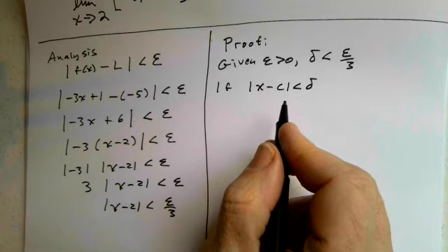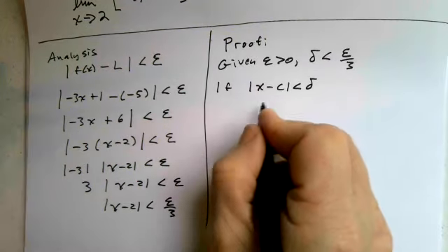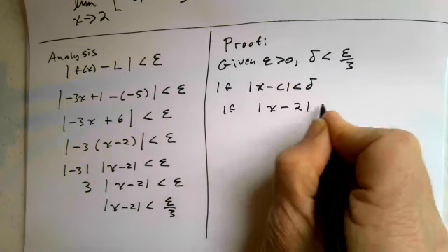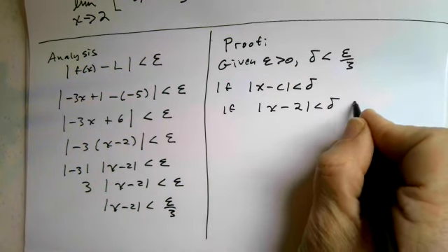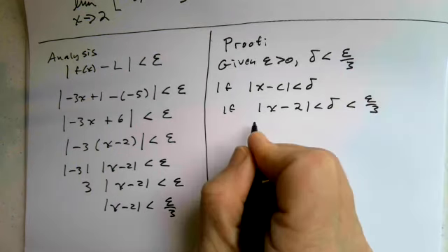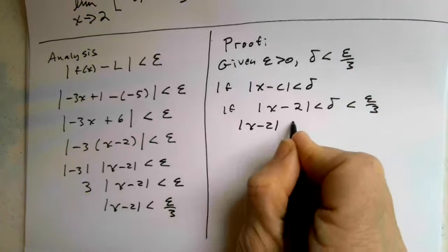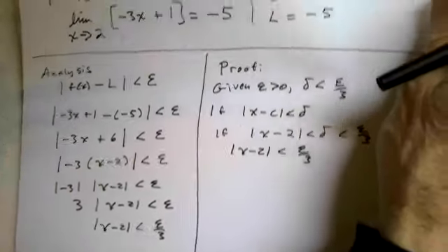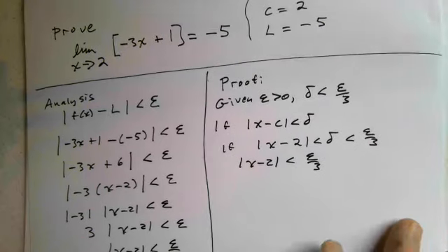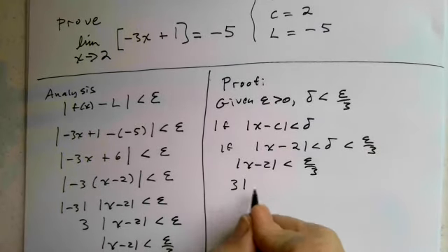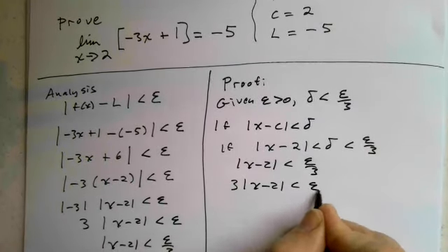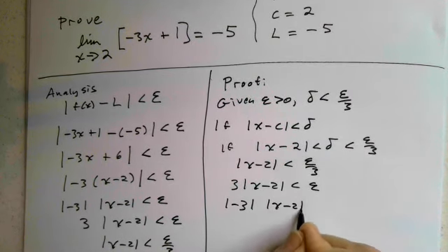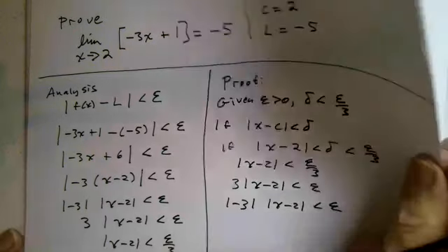And then what? But what is c here? Our c is 2. So we're going to take if absolute x minus 2 is less than delta, which is in turn less than epsilon over 3, which gives me absolute x minus 2 is less than epsilon over 3. And then you can see we're just going to march up the analysis so that my next line is 3 times absolute x minus 2 is less than epsilon. But 3 is the same as the absolute value of negative 3 times x minus 2 is less than epsilon.